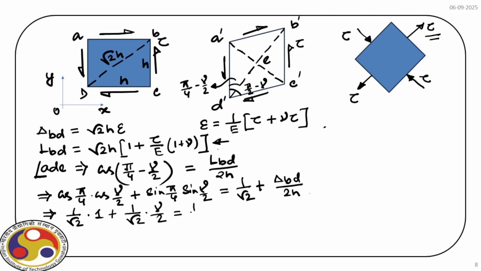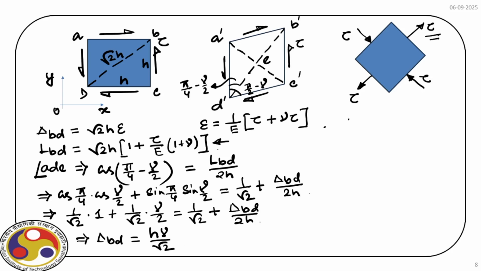Then we have 1 by root 2 plus delta BD divided by twice h. So effectively what we get, delta BD is equal to h gamma by root 2.